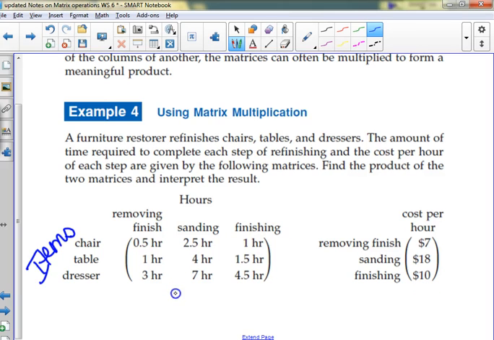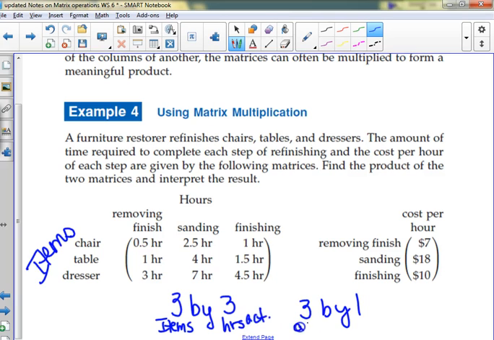But this is a 3x3. Everybody good? Okay, so the 3 for the rows were the items. And this was the number of hours doing a bunch of stuff, yes? What is this? This is 3 by 1. This 3 is hours per activity, and this is the activities again, right?